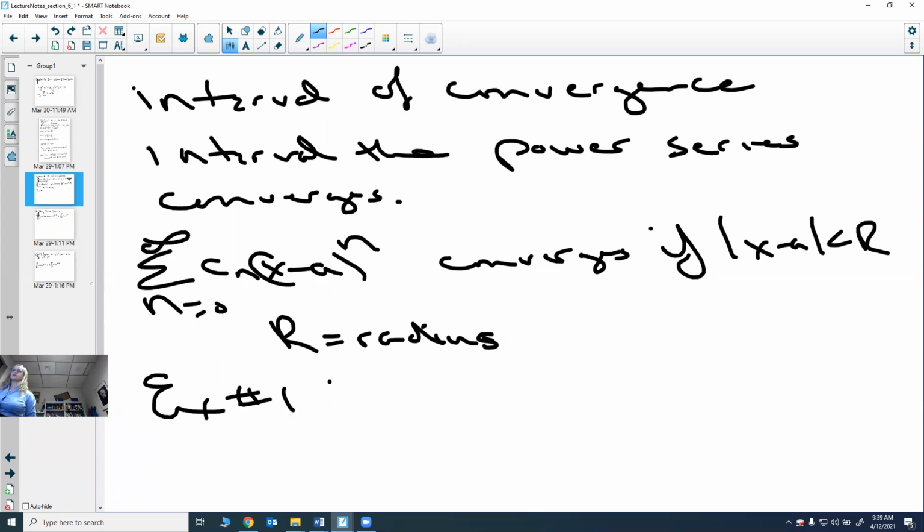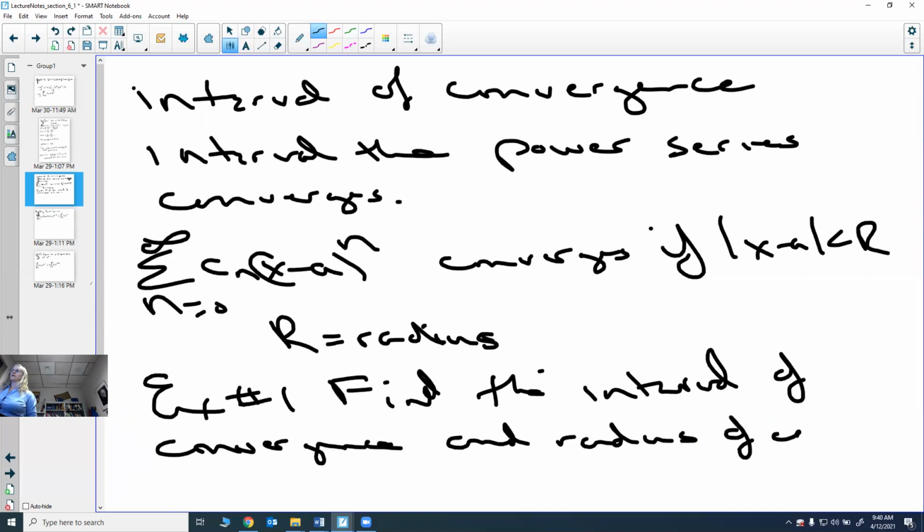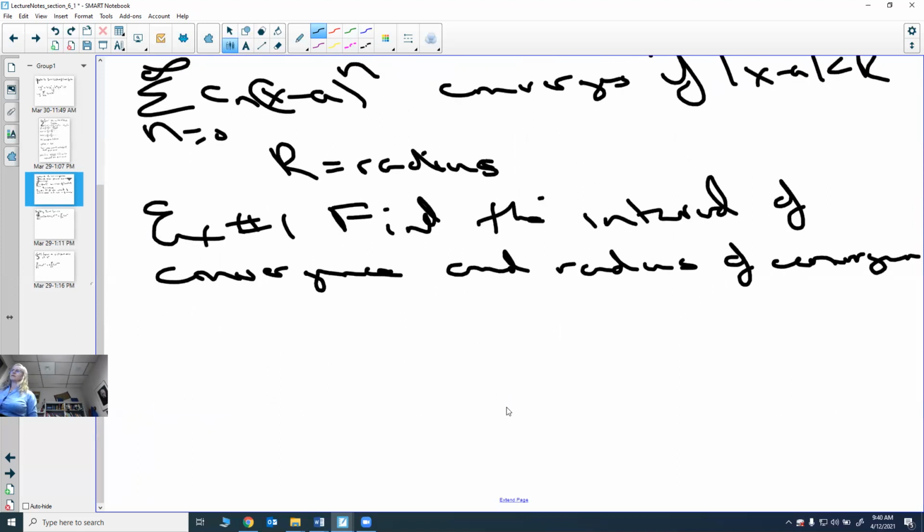So find the interval of convergence and the radius of convergence of, let's take as an example, the summation n equals 0 to infinity of 1 over n squared x to the n.